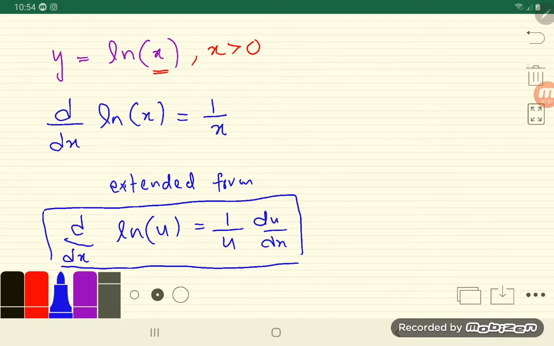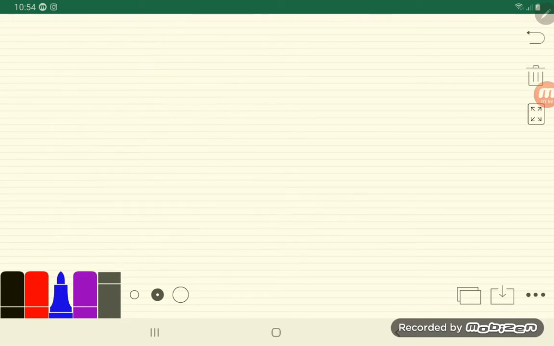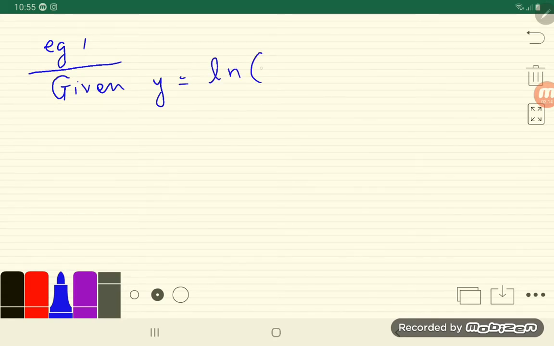So let us try to see the first example here. Let's say the question given here is y equals ln 3x.